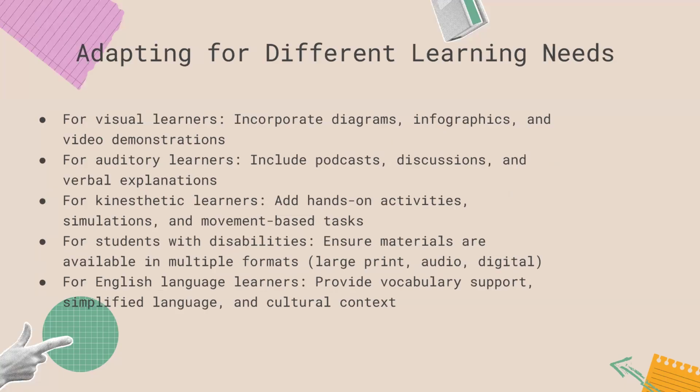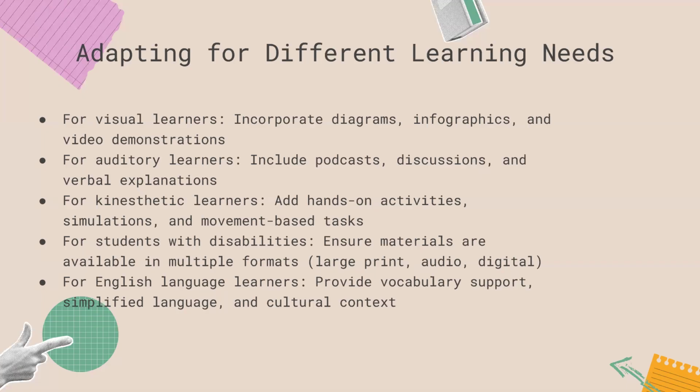Let's see the adaptation of the educational material for different learners' needs. Remember, folks, that every classroom is diverse and students learn in different ways. Visual learners often benefit from diagrams, infographics, charts, and educational videos, as I said before, right?